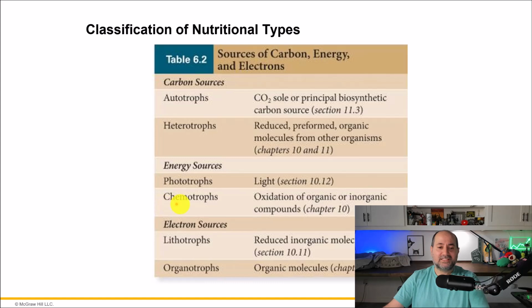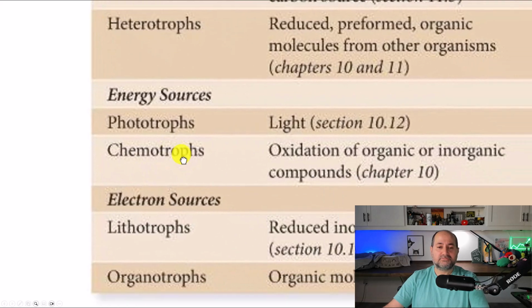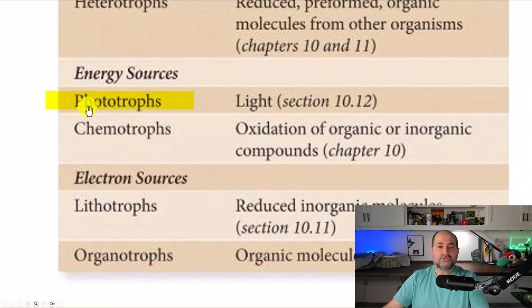Energy, let's talk about phototrophs versus chemotrophs. Take a look at this. Phototrophs are organisms that get their energy from light. So think plants, think about algae. Chemotrophs are organisms that get their energy from either organic or inorganic compounds. So basically some kind of chemical, some kind of molecule, right?